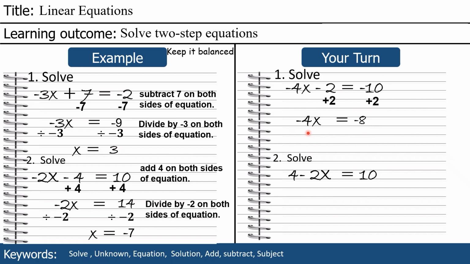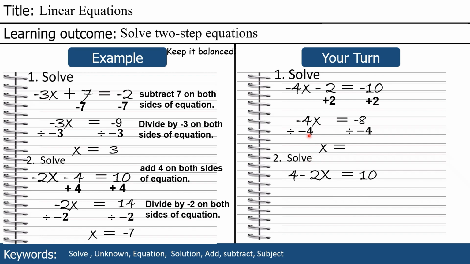And now we have x multiplied by negative 4. And the reverse of multiplying by negative 4 is dividing by negative 4. So now we divide the left-hand side of the equation by negative 4, and we divide the right-hand side of the equation by negative 4.